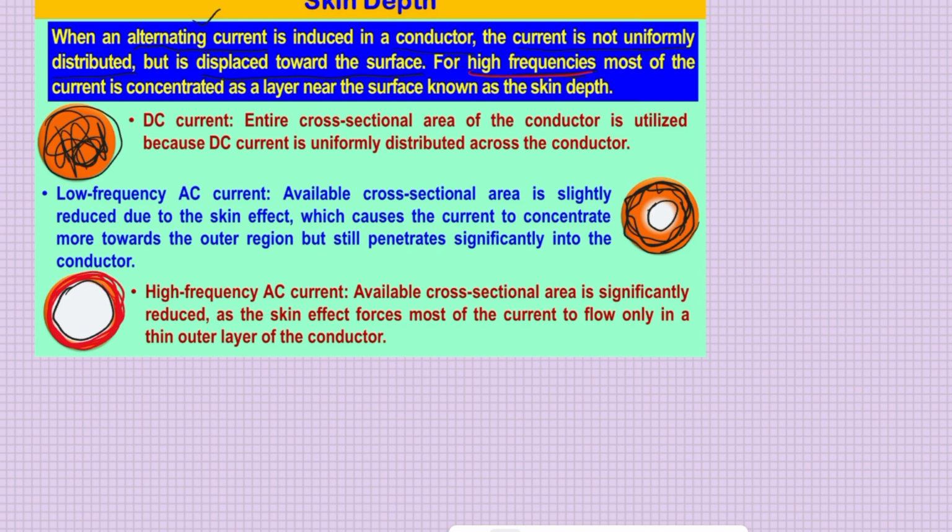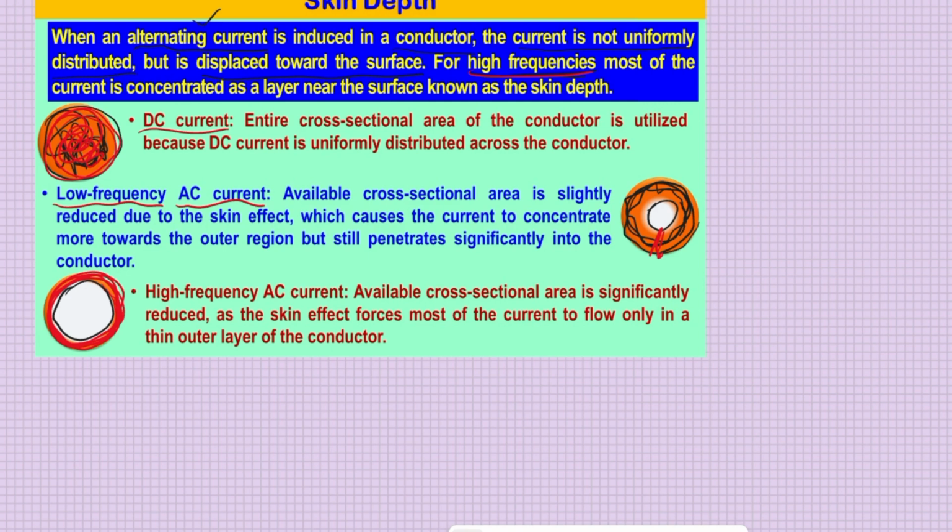So this is at high frequency. If you look at this figure, in the DC current, the whole conductor's signal will pass, the entire conductor. If you take AC current which has a low frequency, this is the surface, and from the surface to the interior it will pass.